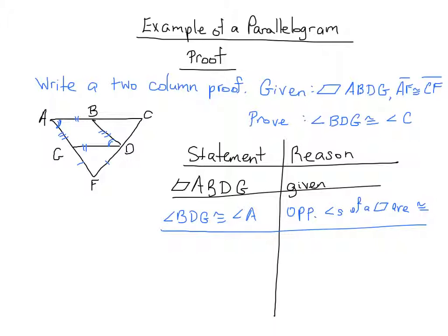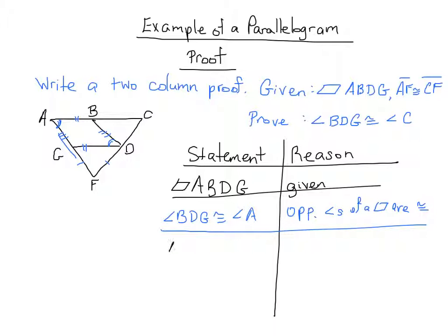All right. The next thing that we can put down here is that, well, we do have more given information, so we can put that given information down. So we know that AF right here is congruent to CF right here. So it's actually an isosceles triangle, which we'll get to in just a moment.